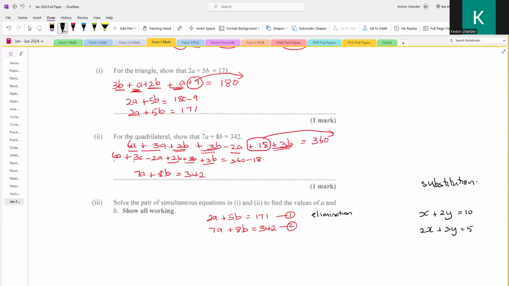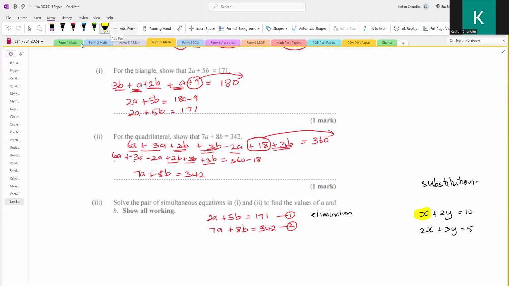How do you know when to use elimination versus substitution? Well, the hint that tells us we could use the substitution method is anytime you see a lone x or a lone y, or any lone variable, meaning a letter by itself.